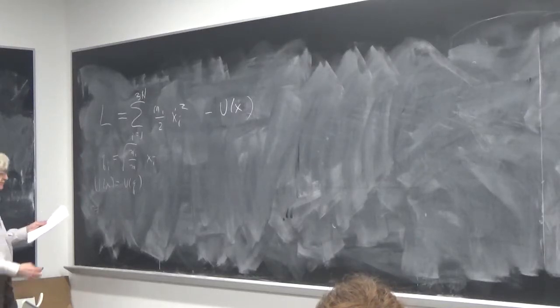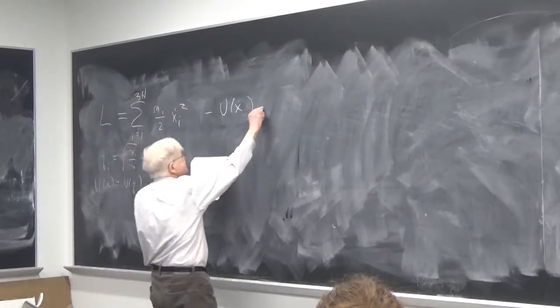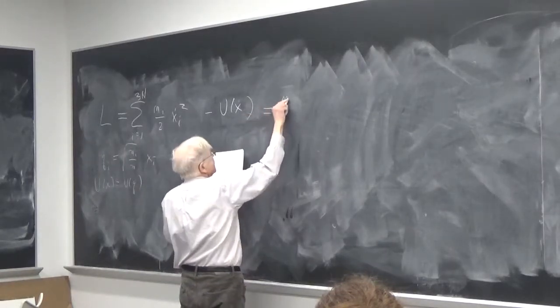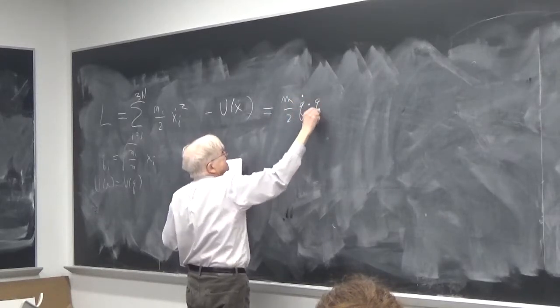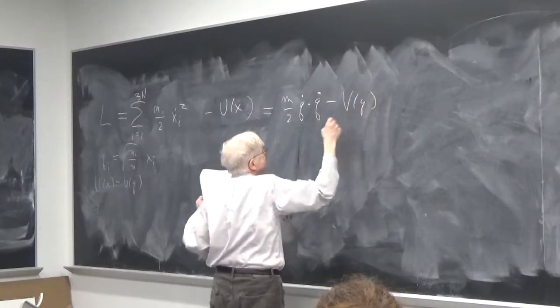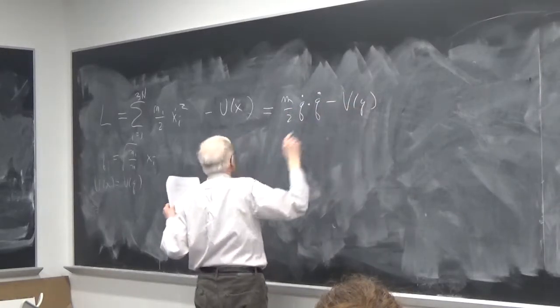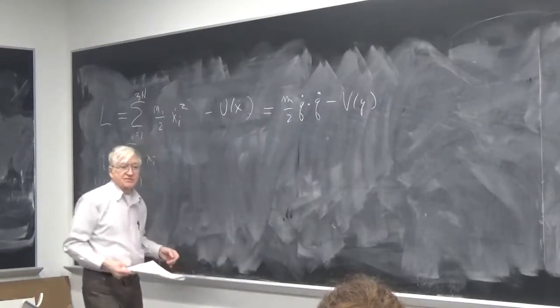What you've got is you can write this as m over 2 q dot q dot minus V of q. So this is a vector equation, and that's a vector. This is a scalar product of two vectors.